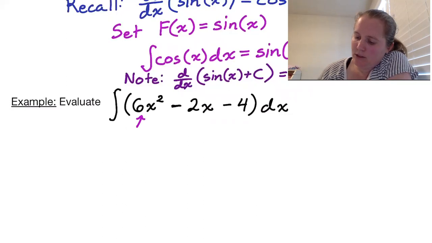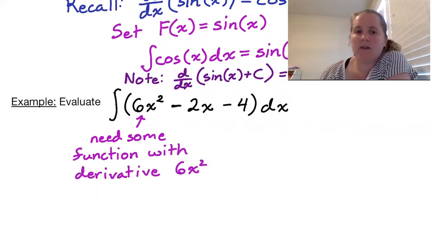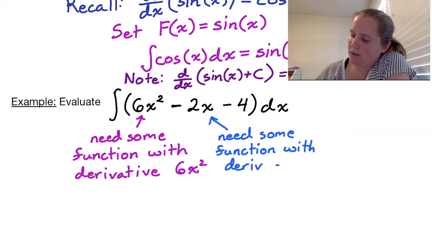So we need some function with derivative 6x squared. And then I'm going to color code. This one will need some function with derivative negative 2x.